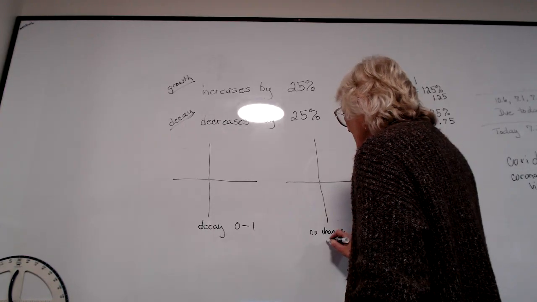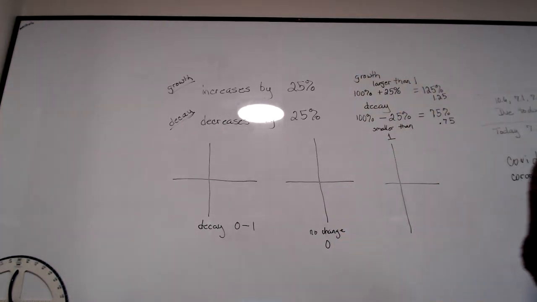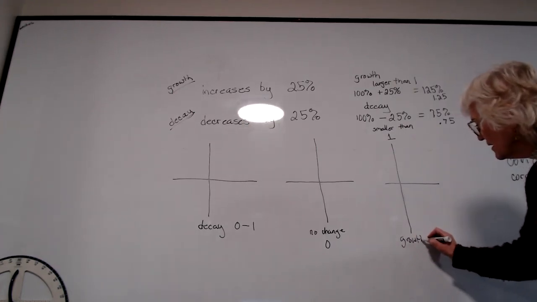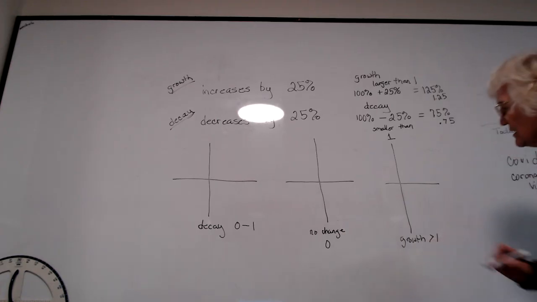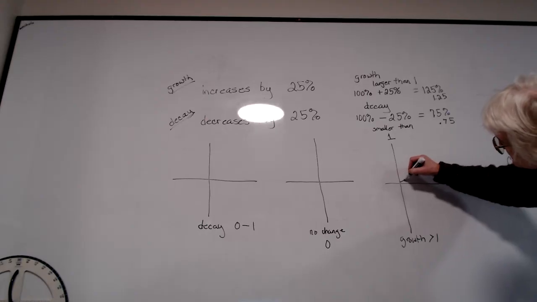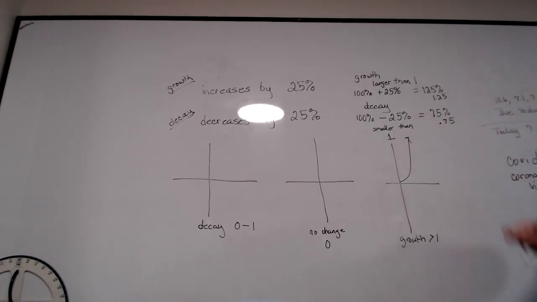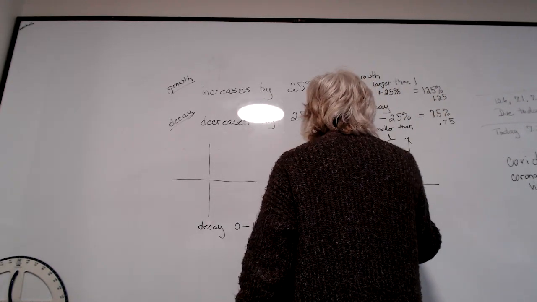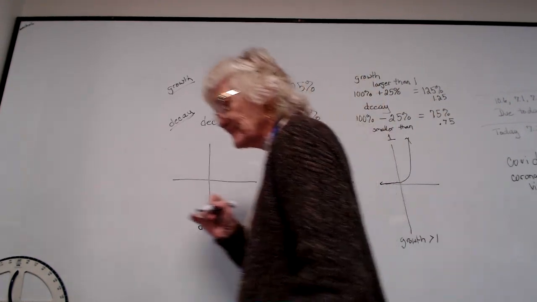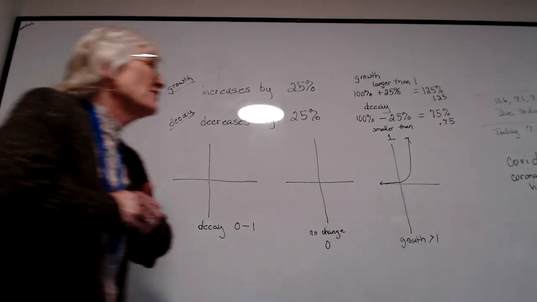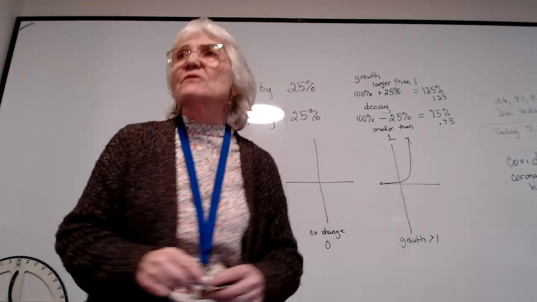Then we're going to do a growth, which is greater than 1. Our growth graph looks basically kind of like that. Goes up. If you were to go back this way, it gets smaller and smaller. That part's not as important to us, because when we're talking real things, we're really looking at this positive growth.